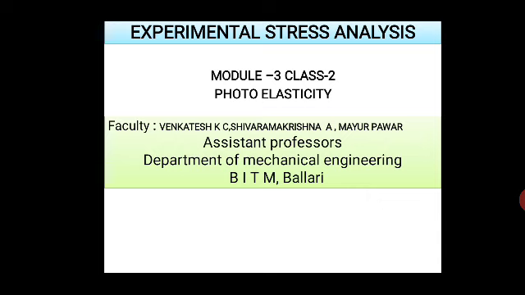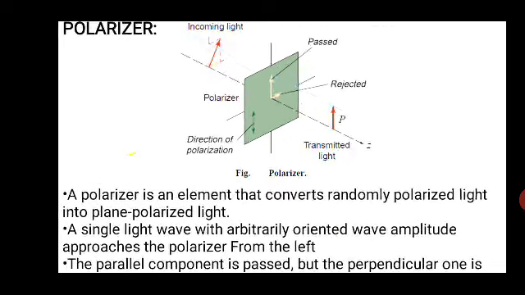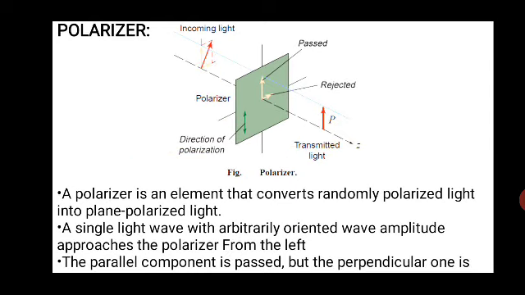In continuation with the previous class, today we will be discussing the major elements of photoelasticity. In general, photoelasticity includes a major element, the polariscope.